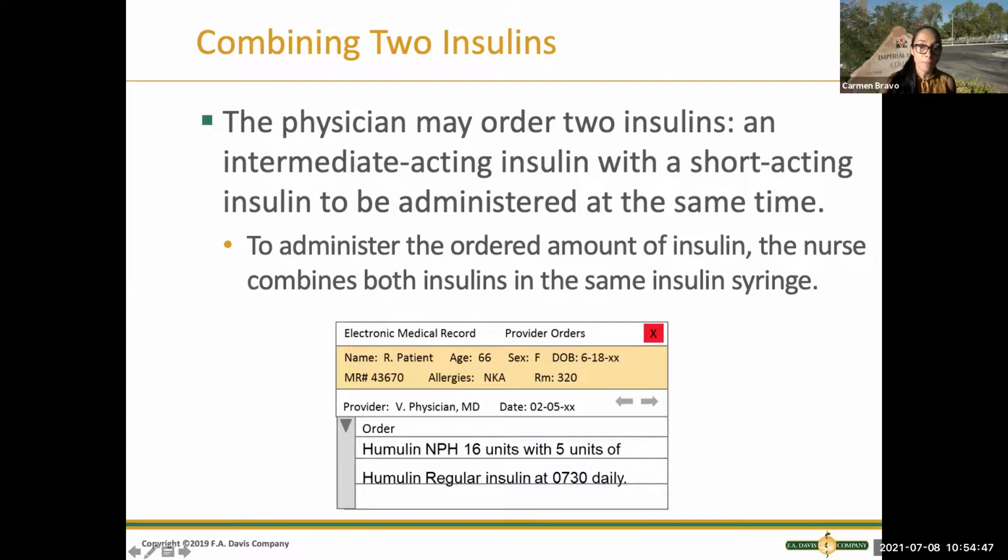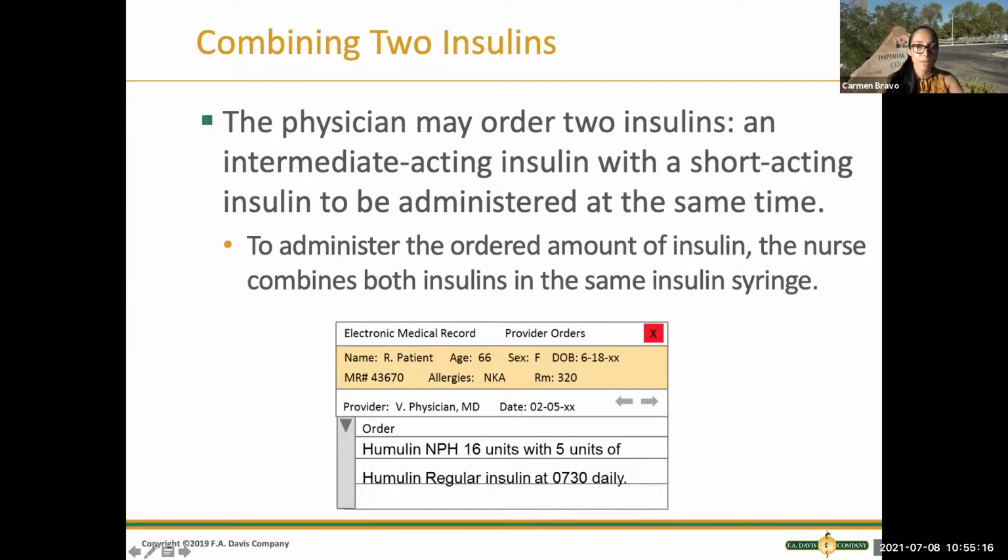But at the same time, he wants to give 16 units that will probably start working by lunchtime. When does the doctor do this? On patients that are at home, they want to get them covered for breakfast and lunch. So they give the intermediate. This one is not going to start working until later.